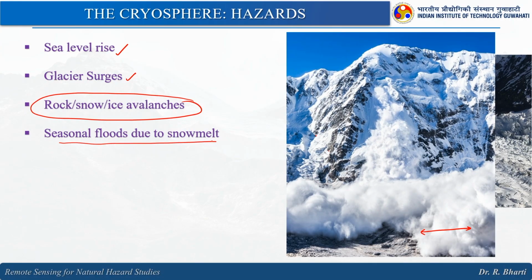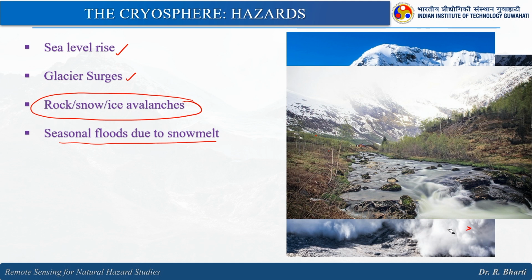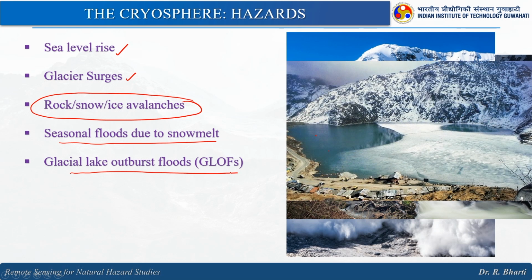Seasonal floods due to snow melt: more water will come and our rivers have a specific geomorphic threshold which can accommodate a limited amount of water, but due to excess melting there will be flooding in the downstream, right.